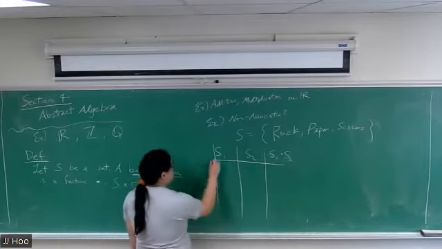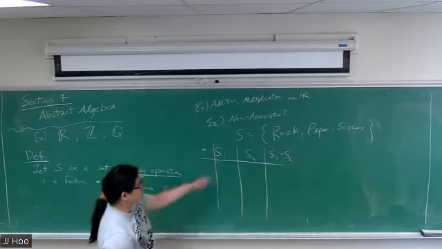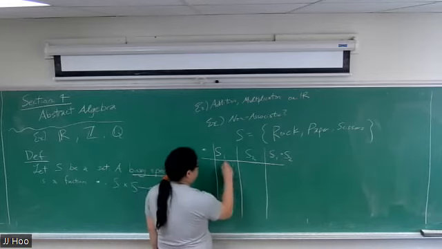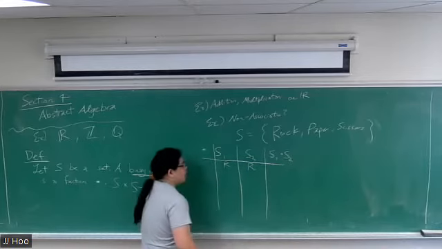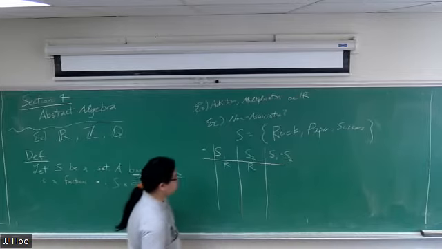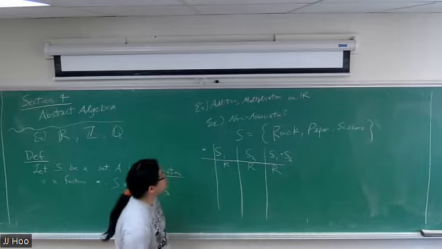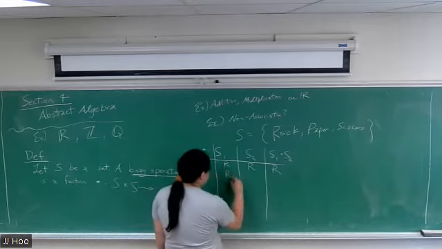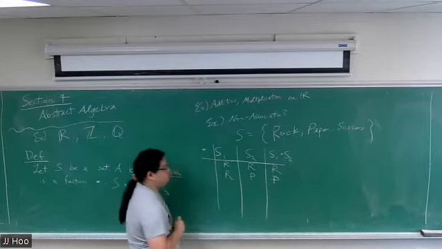So we'll define this operation using this table. If rock plays rock, we can say no one wins, but we can also say that we'll just define it as itself. What's important is what happens here.